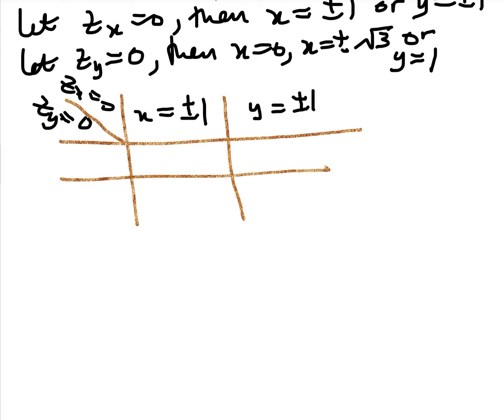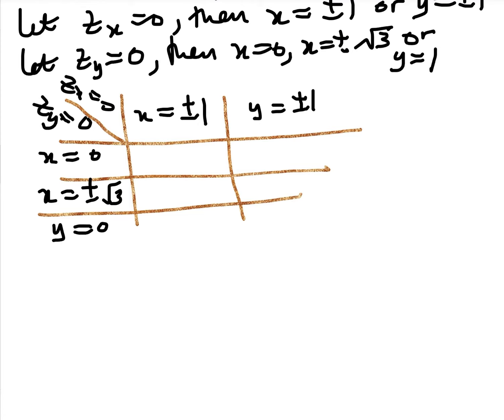When zy equals 0, you may have x equal to 0, you may have x equal to plus or minus square root of 3, and we have one more possibility, in which case we have y equal to 0.